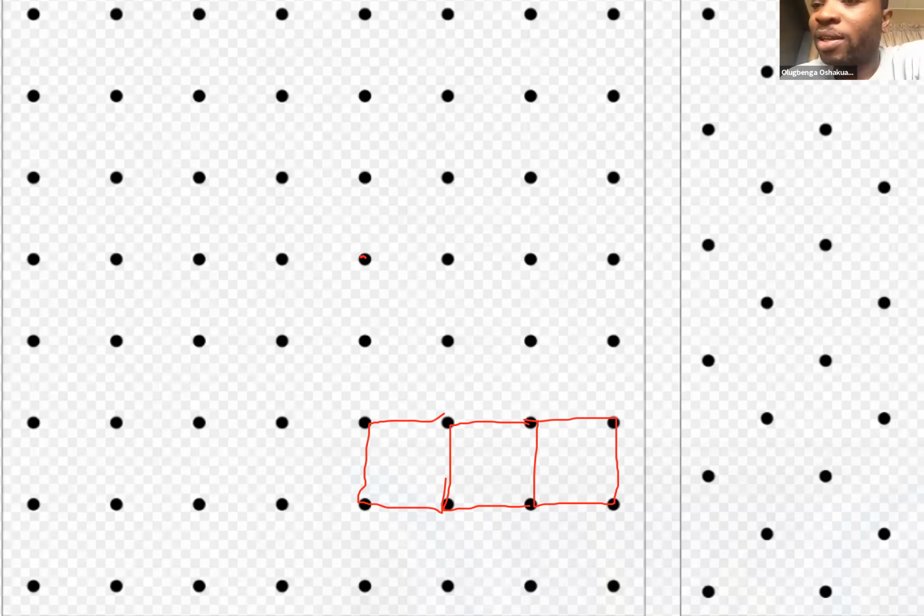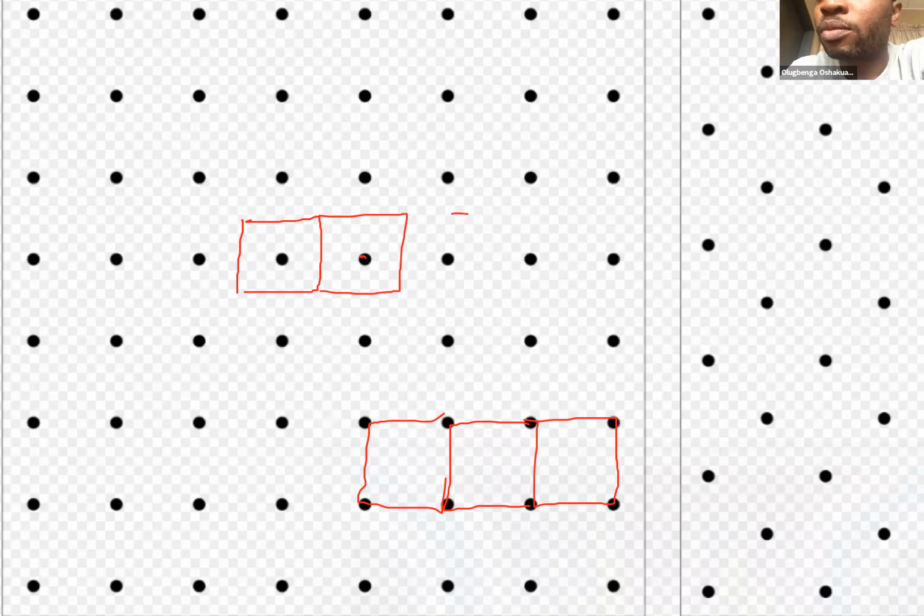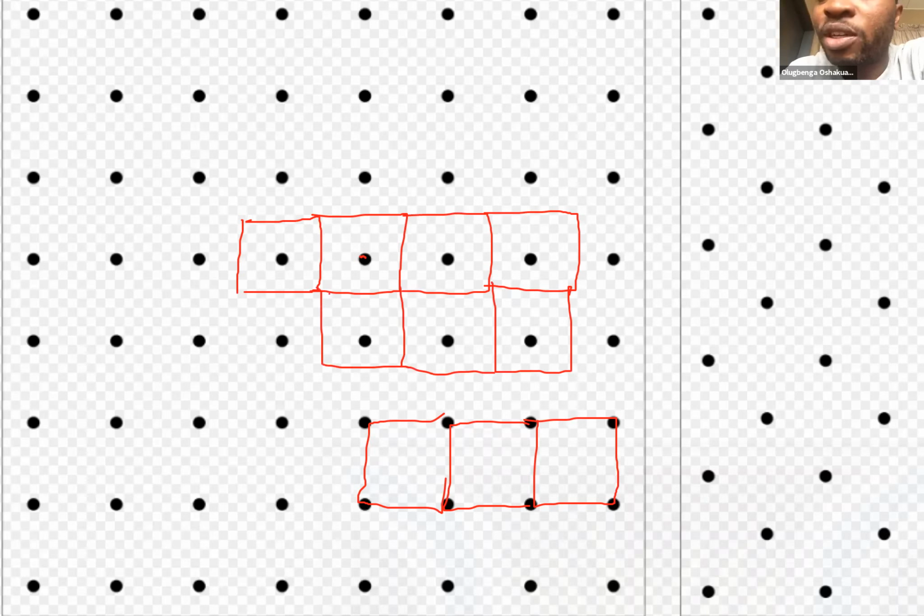When you look at this shape here, I can also redraw this shape as something like this. If I draw with good accuracy and precision, the area of each of the squares I have at this corner will be equal to the area of each of these squares.